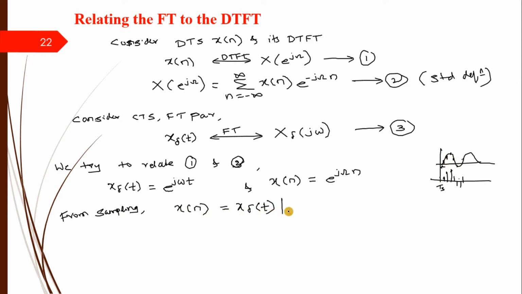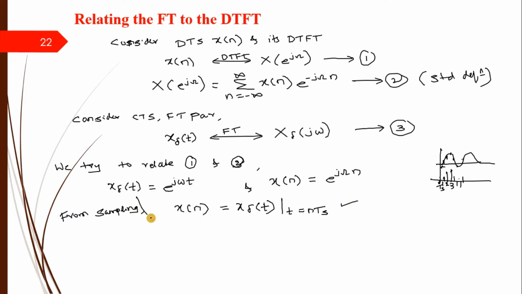Here t is n ts. Why is it n ts? Because at 0 ts, I extract the sample at the 0th time; at 1 ts, I extract here; at 2 ts, here; at 3 ts, here. So at every ts amount of time, varied with increasing integers, I go on extracting the sample. Hence I represent this equation in this manner.